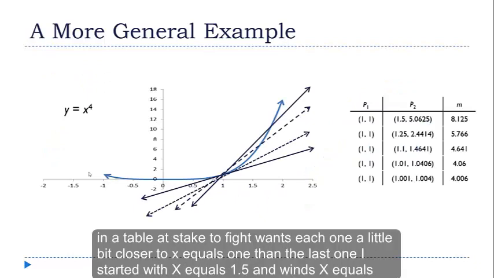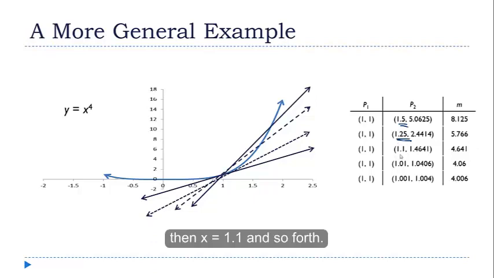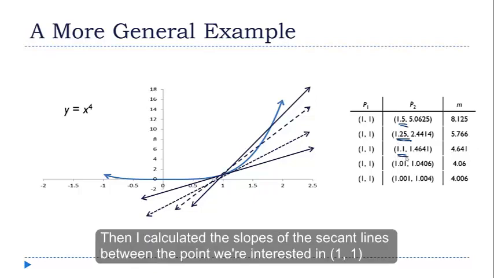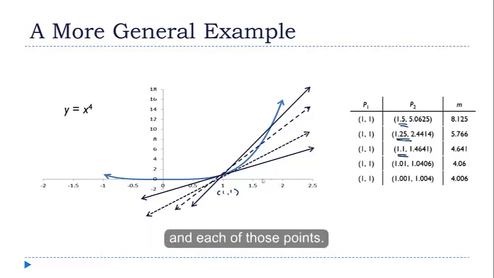In the table on the left, I took 5 points, each one a little bit closer to x equals 1 than the last one. I started with x equals 1.5, then went to x equals 1.25, then x equals 1.1, and so forth. Then I calculated the slopes of the secant lines between the point we're interested in, 1, 1, and each of those points.